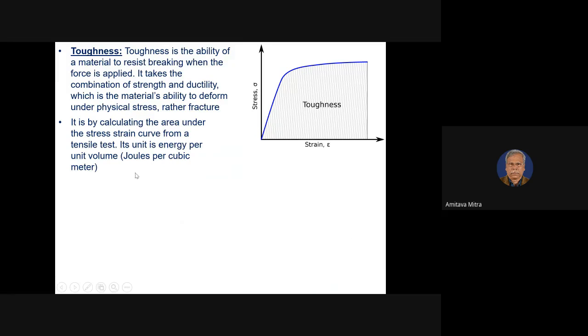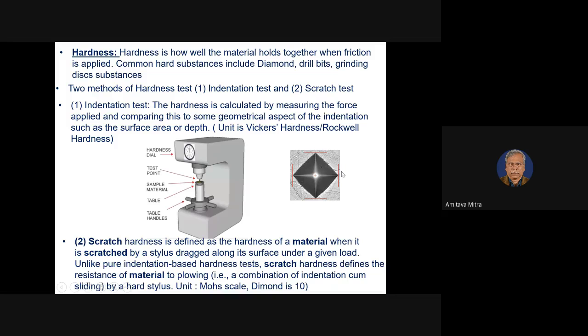Not like here where we can use joules per cubic meter, when we are talking about hardness, we have to say which hardness you measured, Vickers hardness or Rockwell hardness, and a value, like 20 Vickers hardness. There is another method, which is scratch hardness. This is basically required for coatings. In the case of a coating, how do you measure the hardness? You cannot make a deep indentation because a coating is a very thin layer.